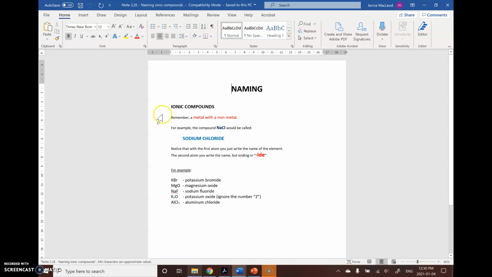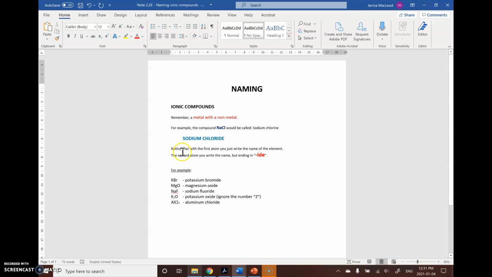Remember, this is very important: ionic compounds are a metal and a non-metal. For example, the compound NaCl is sodium chloride. First, you want to write down the name of this element and then this element. So you get sodium chlorine.